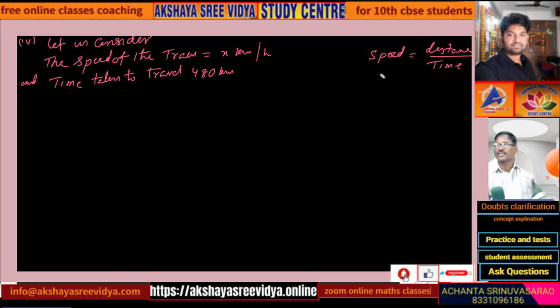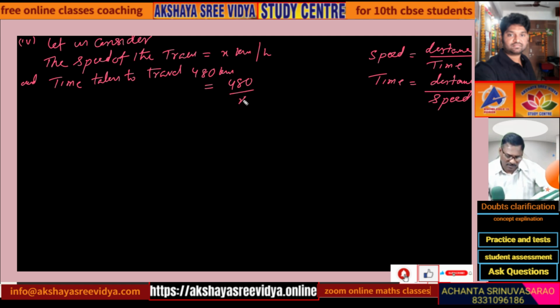The speed is equal to x kilometer per hour. Time is equal to distance by speed, which is equal to 480 by x hours.